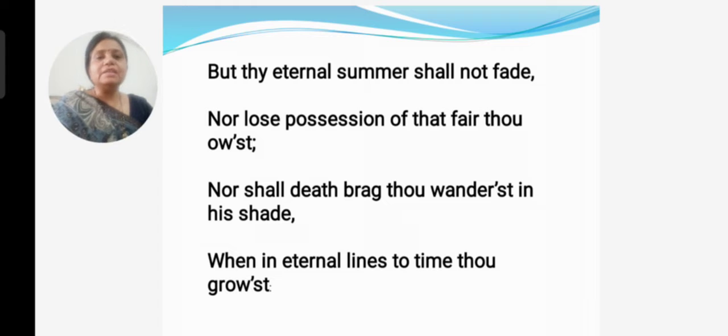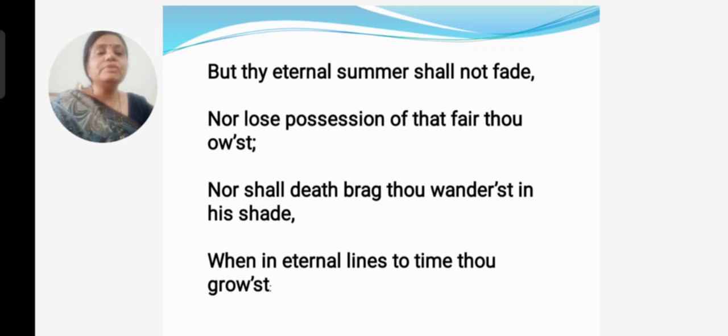The answer lies in the line when he says, when in eternal lines. You see, he has used this word again, eternal summer for beauty, eternal lines to time thou growest.